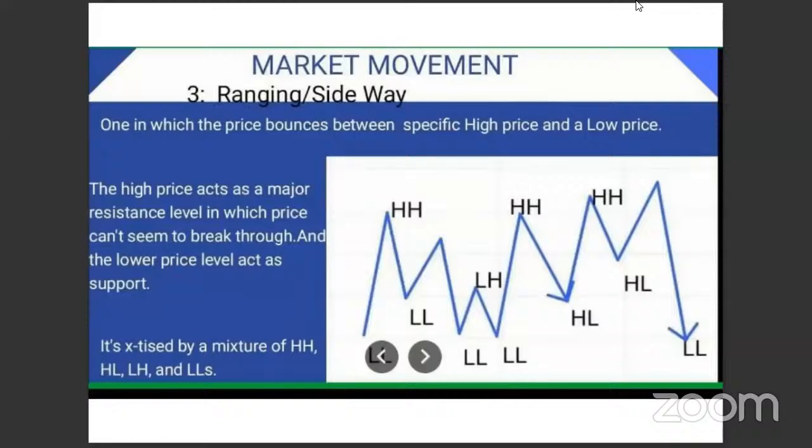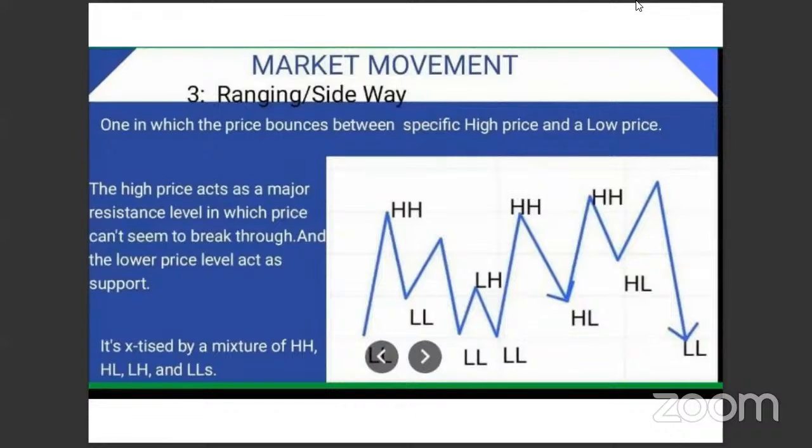In the language of cryptocurrency trading, we could say the market is ranging, or the market is moving sideways. It is not taking an upway, it is not taking a downway. It is moving in a sideway.